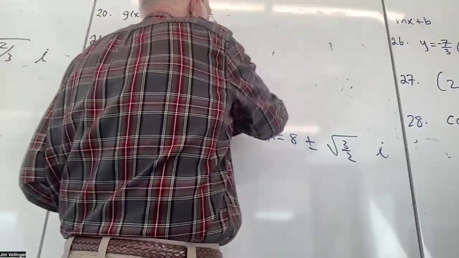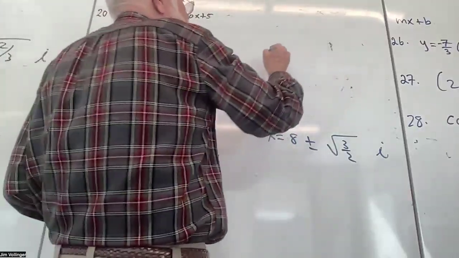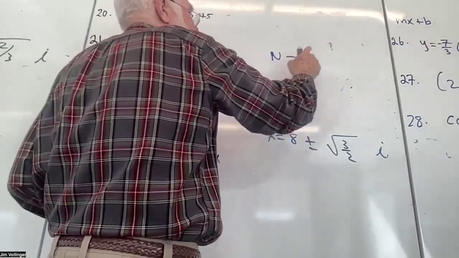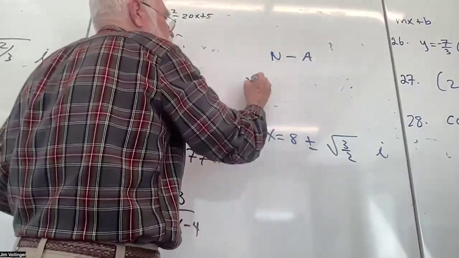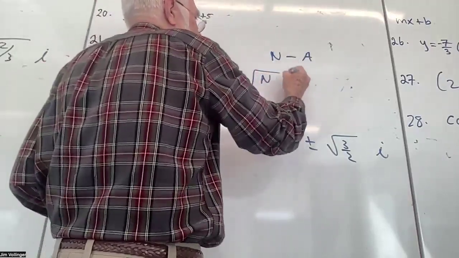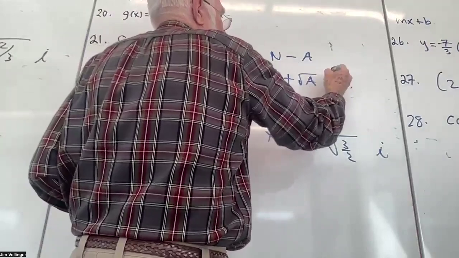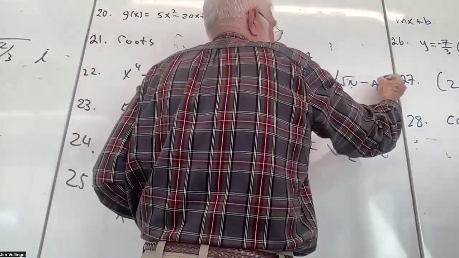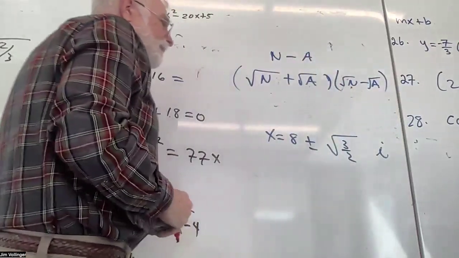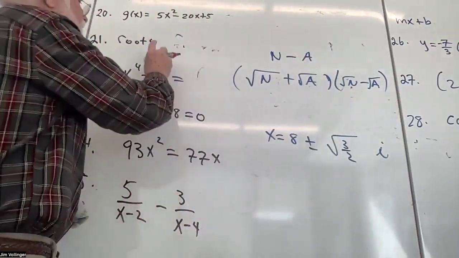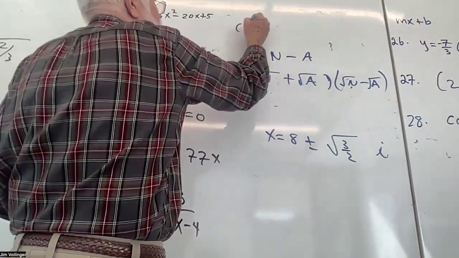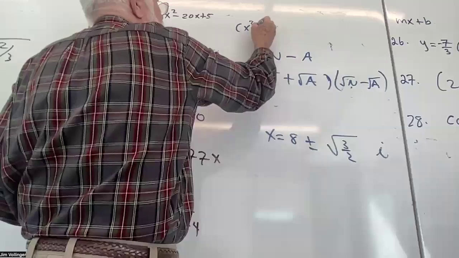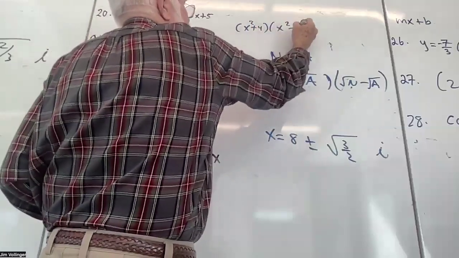Any subtraction, any number minus another number, we'll call it A. Any number n minus another can be written as the square root of n plus the square root of A times the square root of n minus the square root of A. Now, that had a difference of x, what was it? It was x squared plus 4 times x squared minus 4.